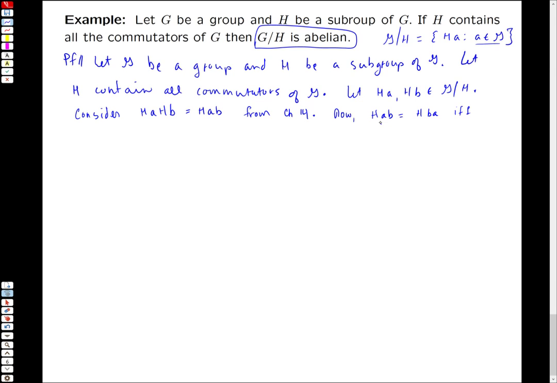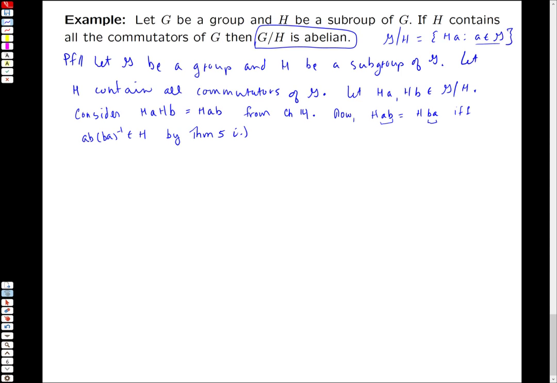So I have Hab is equal to Hba if and only if, what should we put? ab from the first, and then ba inverse has to be in H, right? That's exactly right.